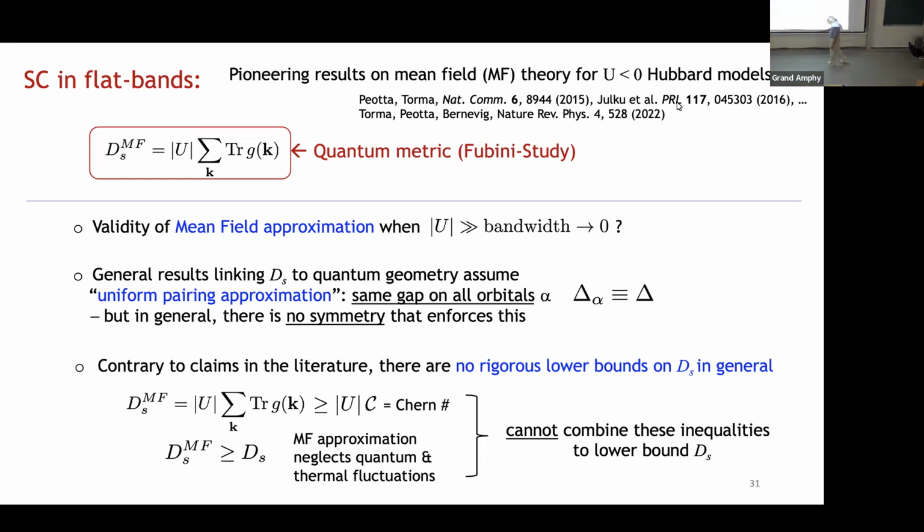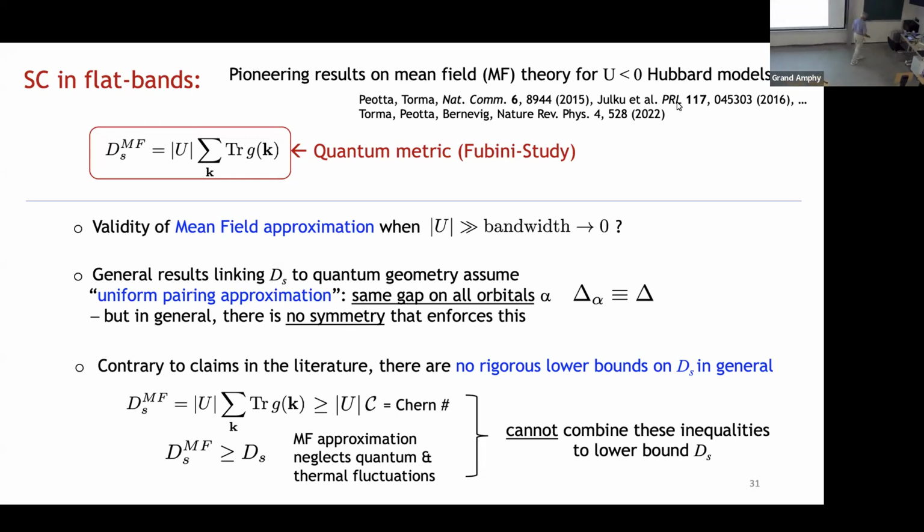Therefore, any mean field stiffness will always be greater than or equal to the real stiffness. Does that make sense? So now you cannot combine these two inequalities to provide any topological lower bound on the real stiffness. And there are many counterexamples which show that these topological lower bounds are wrong.